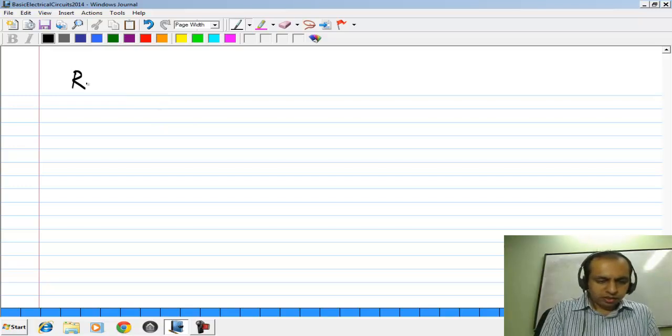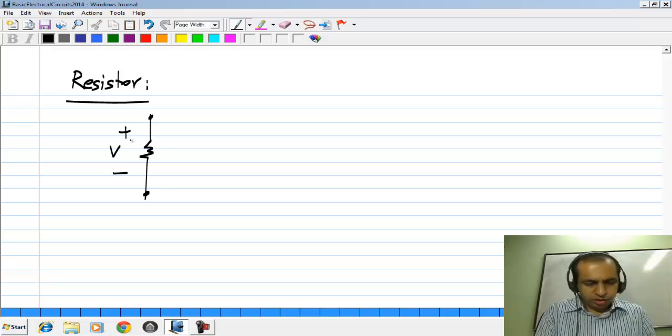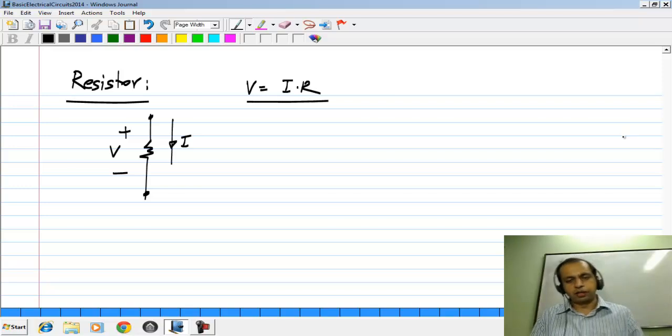So let's take a resistor. The voltage V and a current I are related by a proportionality relationship. This immediately tells you it is linear for those of you who are familiar with linearity, but we will go through it in any case.